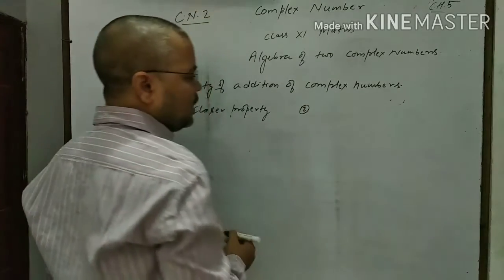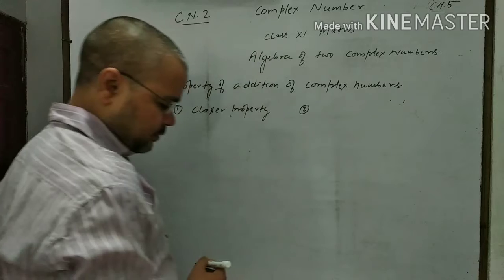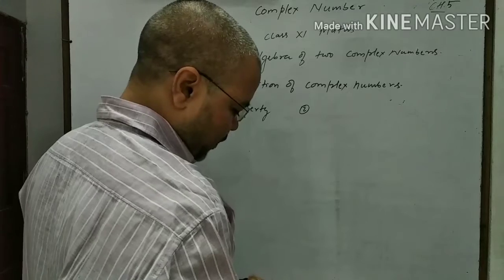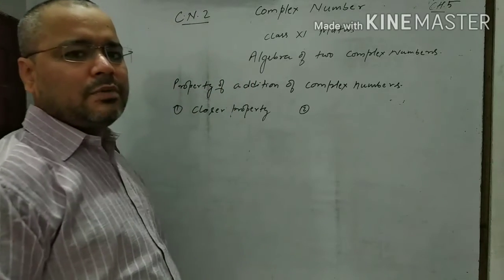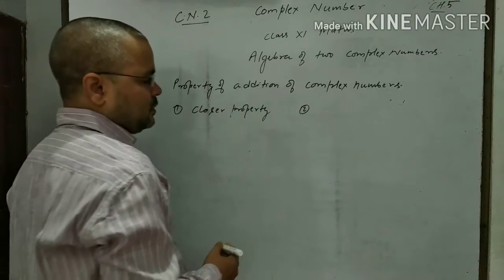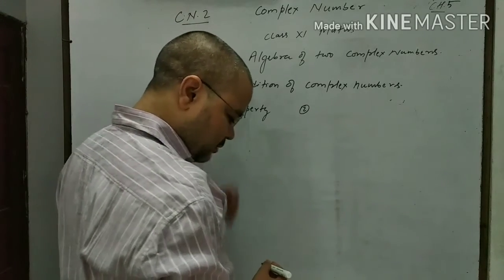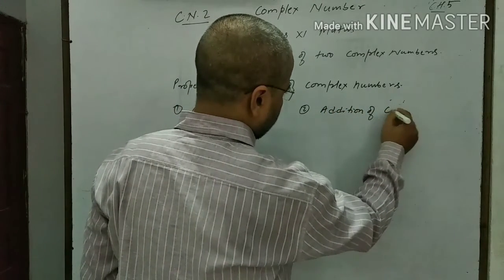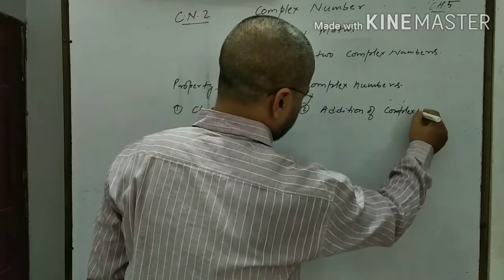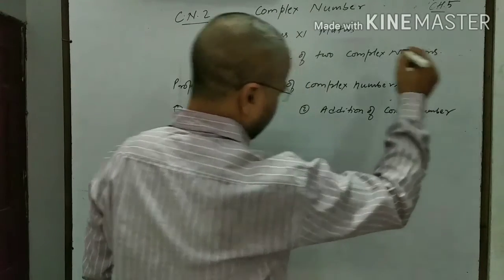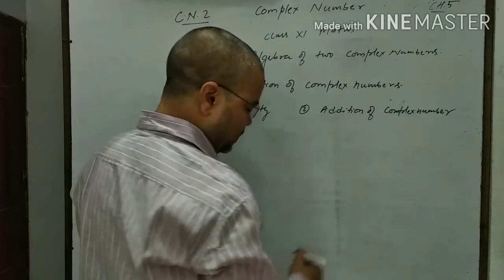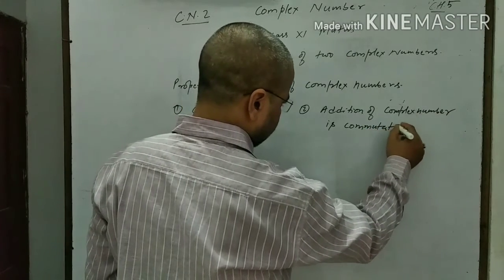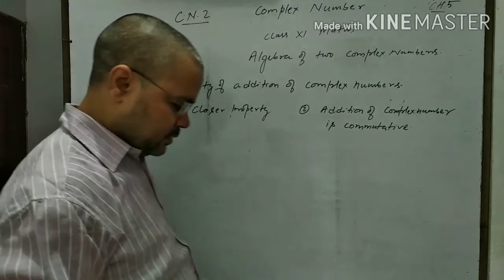The second one is the commutative property of addition of complex numbers. Addition of complex numbers is commutative.